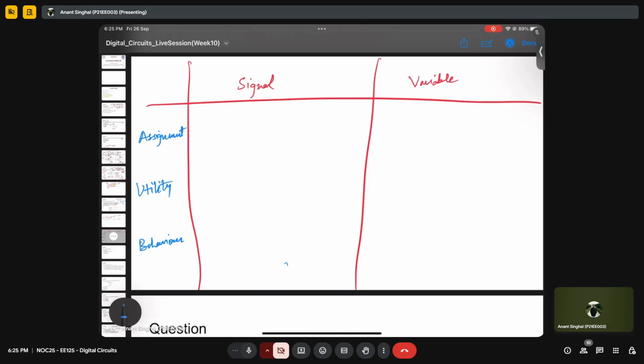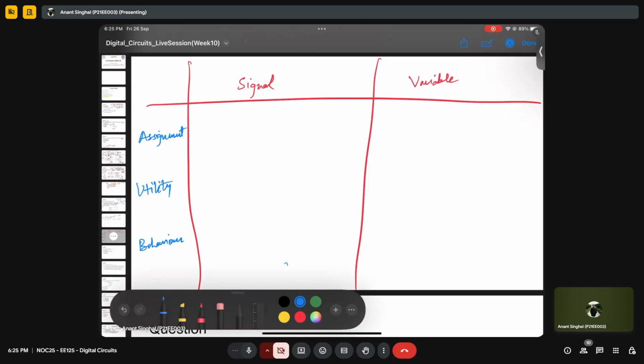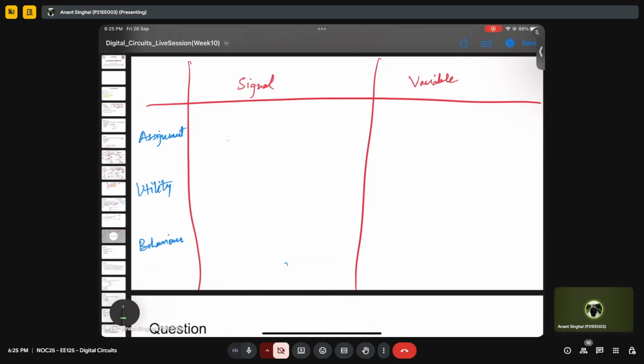So a signal, as we have just defined, is written in the form of assignee less than equals to assignment, and a variable is assignee colon equals to assignment.